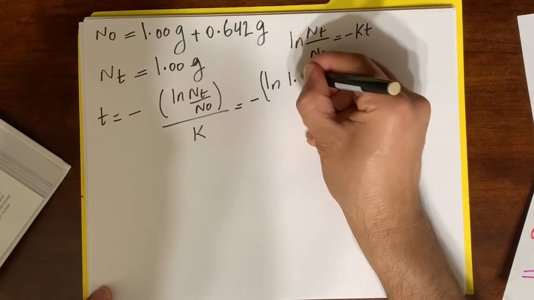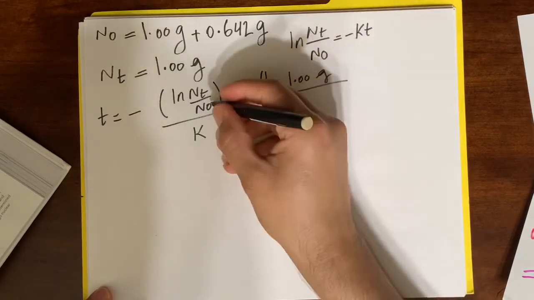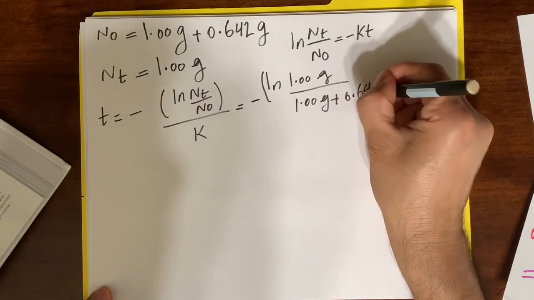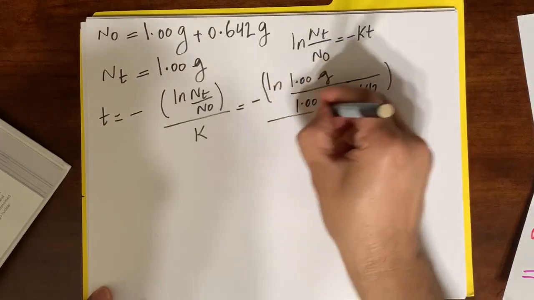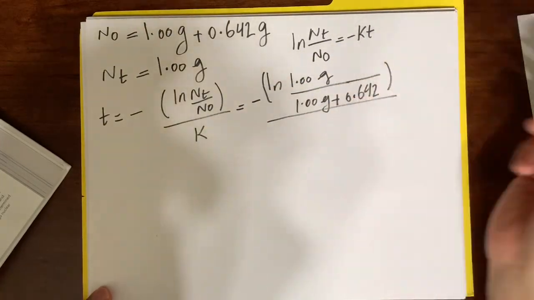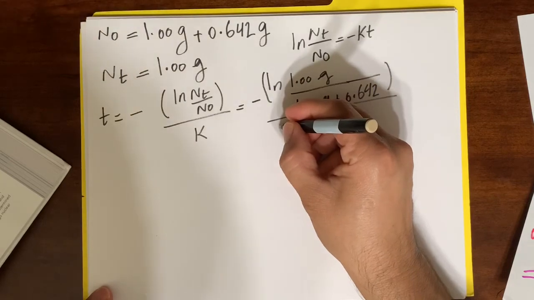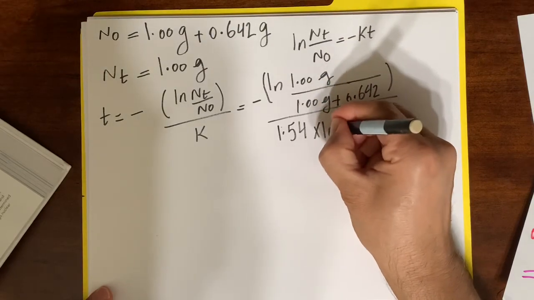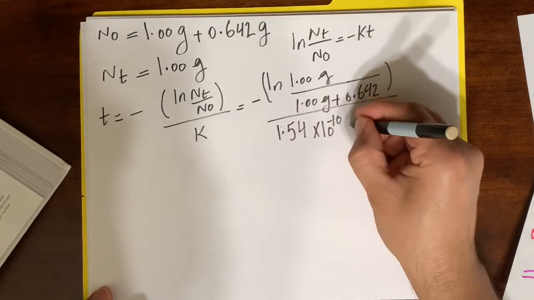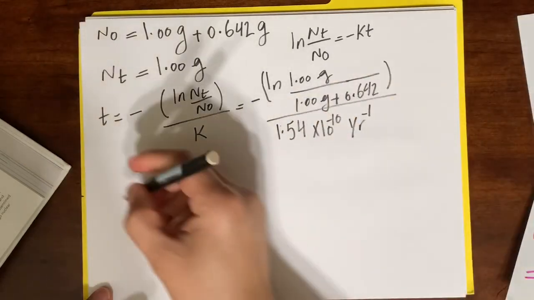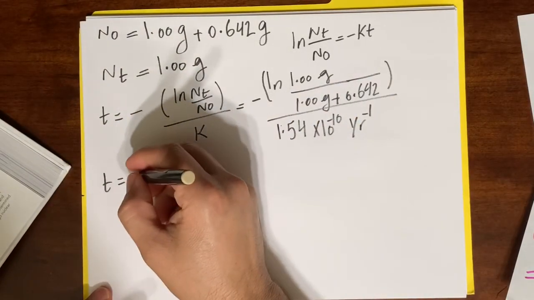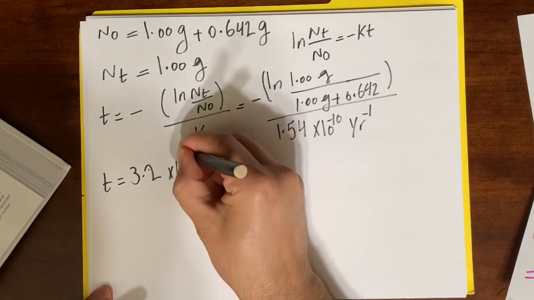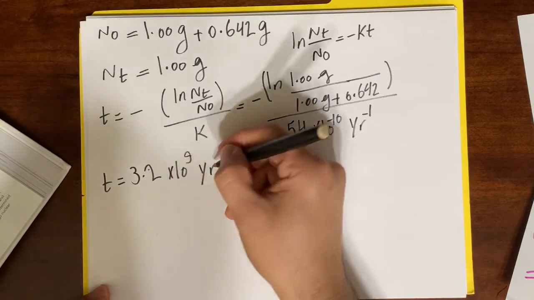Now NT is 1 and N0 is 1 plus 0.642, divided by K, which is 1.5 multiplied by 10 to the power of minus 10 here, and T will be equal to 3.2 multiplied by 10 to the power of 9 here.